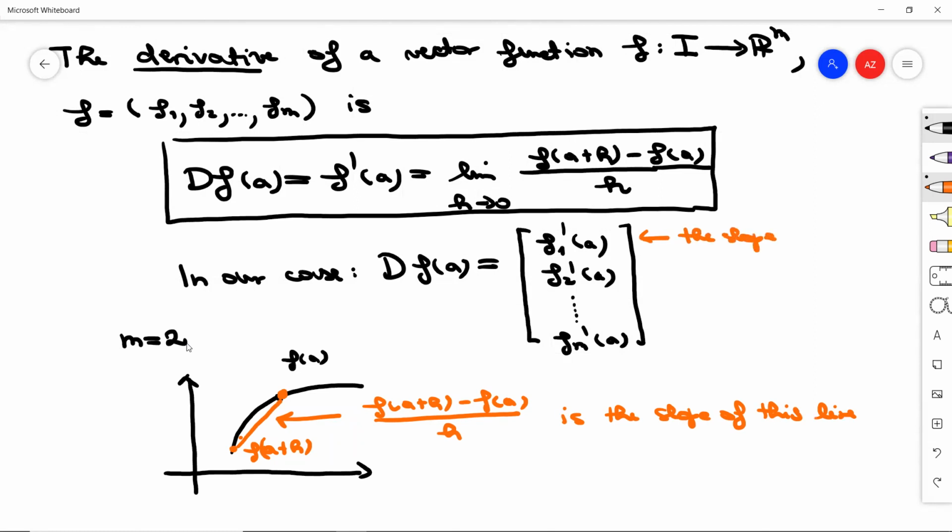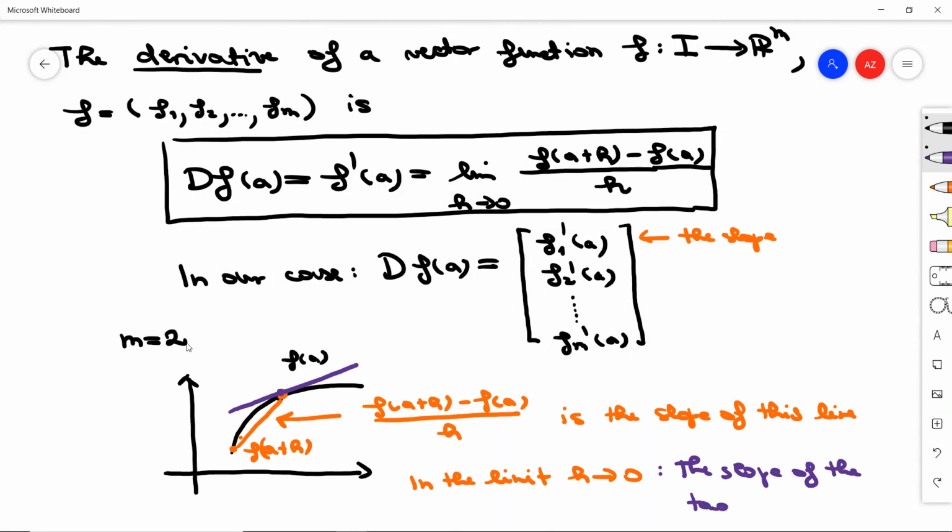And when h goes to 0, we get the slope of the tangent to this curve. So we do this on every coordinate, and we get the slope of the tangent with respect to every direction.